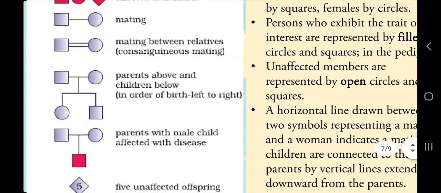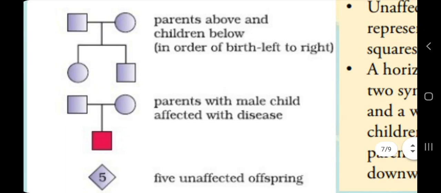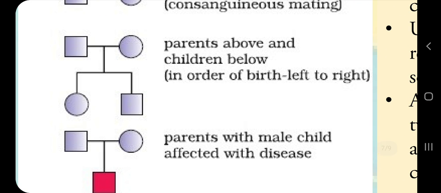Now this horizontal line represents marriage, and vertical lines represent the next generation, meaning daughters and sons. So here we can conclude that this couple has one daughter and one son, and because these circles are open, not filled with dark color, they are unaffected, showing no character which we are recording.